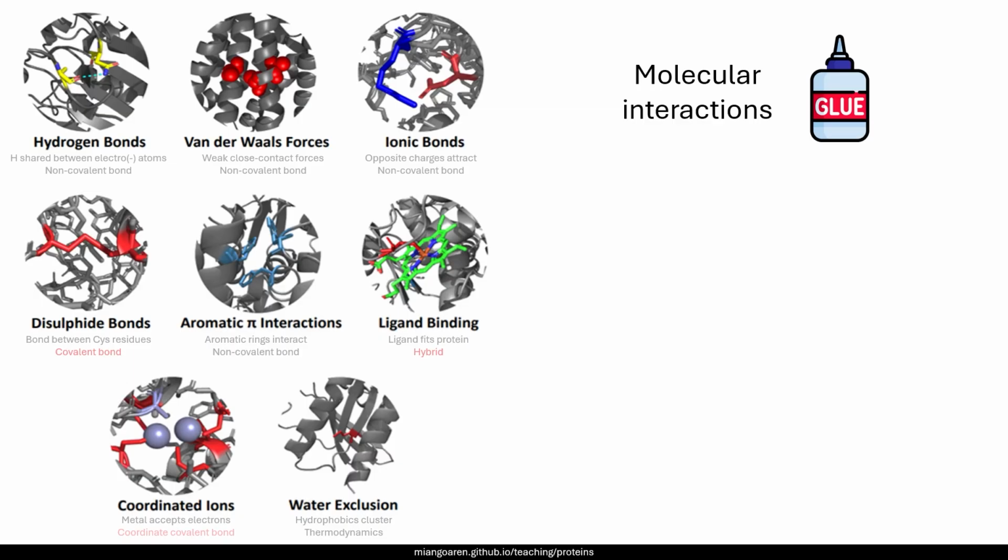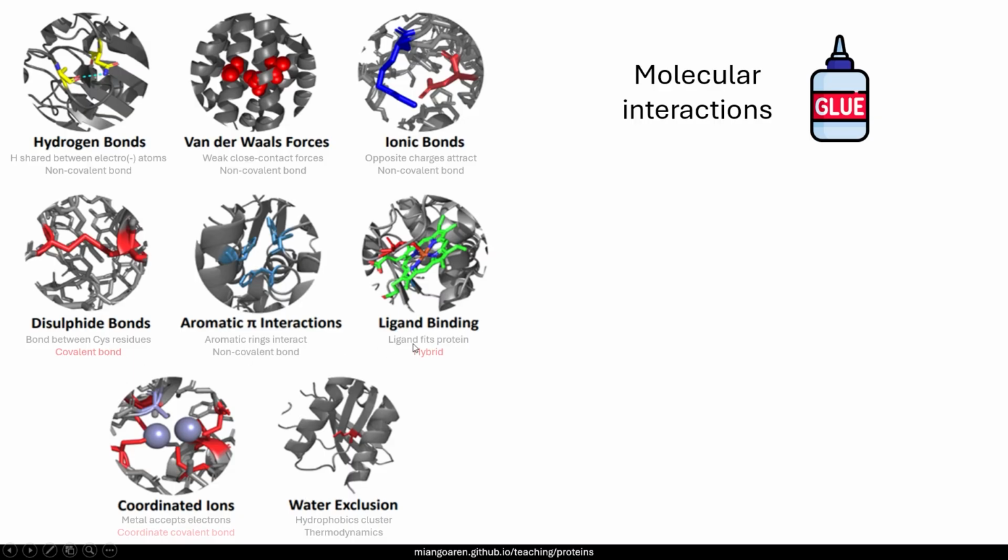There are also others such as van der Waals interactions, which are relatively weak interactions. In fact, if you notice, the vast majority of the molecular interactions that I present here are of the non-covalent type, and only a few, such as disulfide bonds, which are covalent bonds that occur between cysteine residues, are considerably strong.